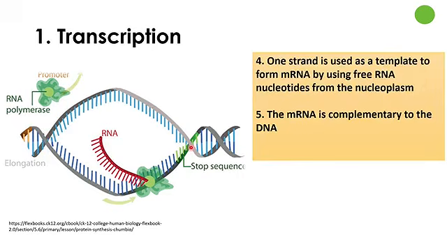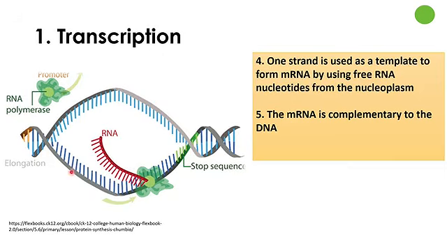Okay, so the next step is that one of these strands will act as a template strand. Onto the template, an mRNA molecule will be formed, and we're going to use free-floating RNA nucleotides that are within the nucleus. One at a time, they're going to come in and base pair with the DNA strand.